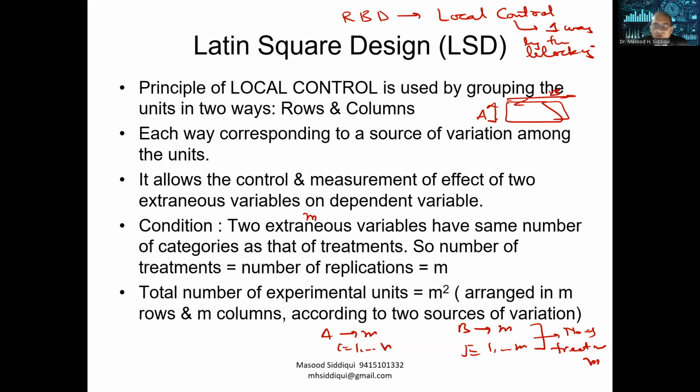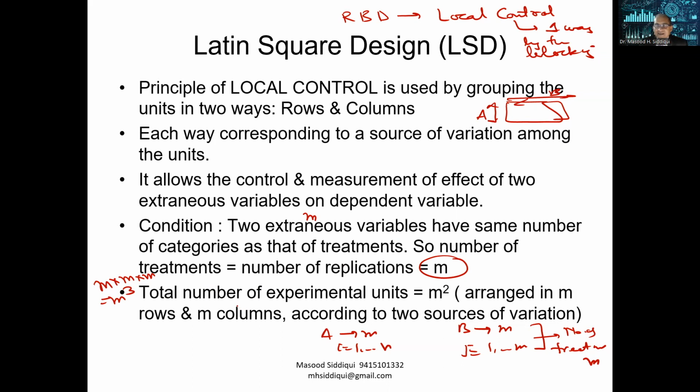The number of treatments would also be M. Right? So number of treatments equals number of replications equals M. Everything is there. Now, for that analysis, we require M rows, M columns, and M treatments. So M cube, M to the power 3 observations, right?